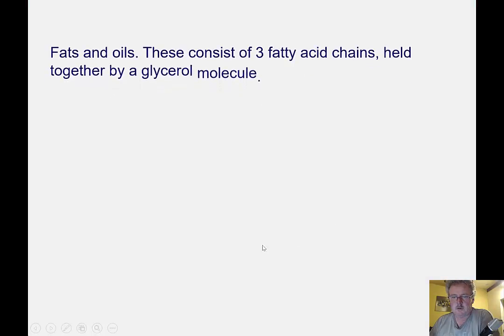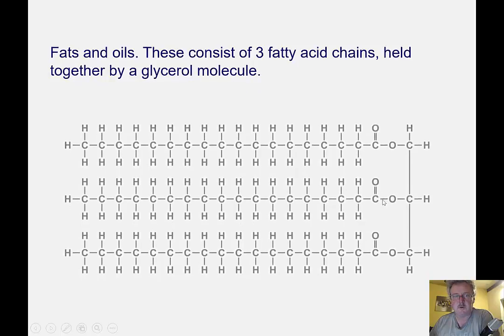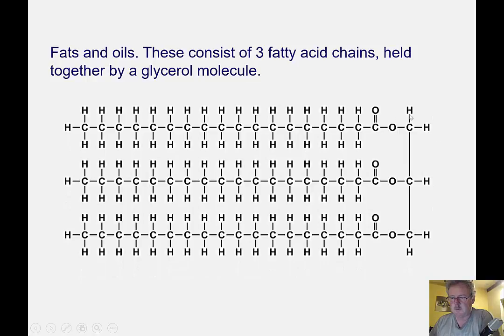And this is an example of it here: 3 fatty acid chains, held together with a glycerol molecule. So here's your glycerol molecule, here are your fatty acid chains, and you can see the acid group attached, the COOH, and that's held together by this glycerol molecule.